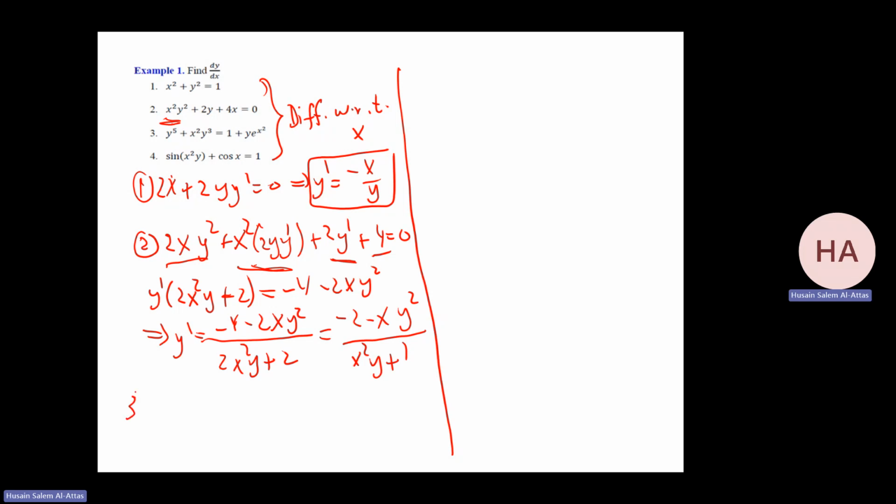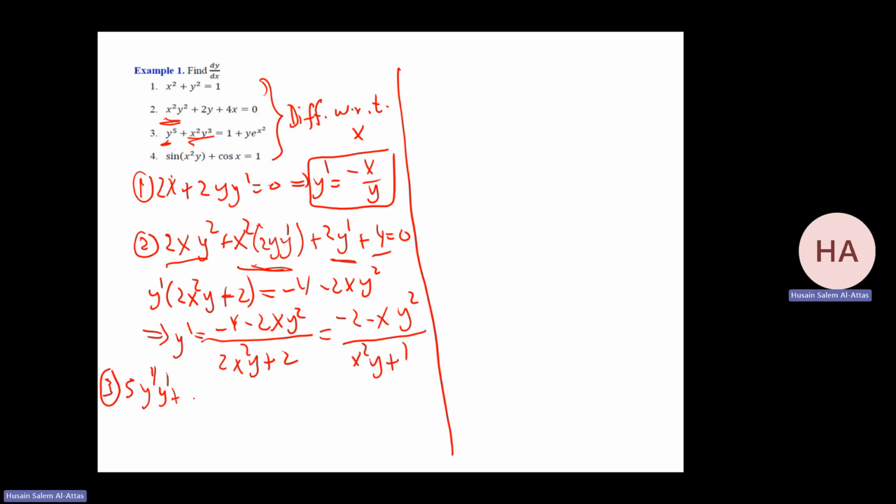Number 3. y to the power 5. I think it needs more space, so let me go here. How to differentiate this? That will be 5y to the power 4 y prime. This one, product of two functions.